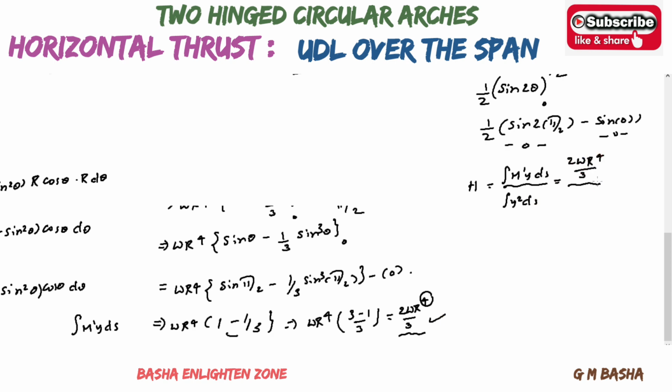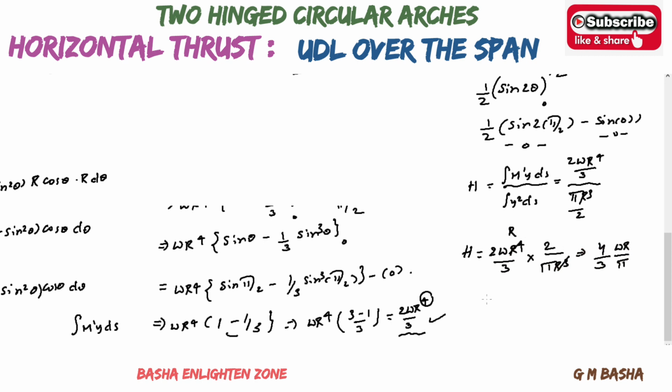What is the denominator part? Pi r cube by 2. So therefore horizontal thrust will be equal to 2w r power 4 by 3 into 2 by pi r cube. So this r cube and r cancel means you will get r here. So that is 2 times 4 by 3 wr by pi.